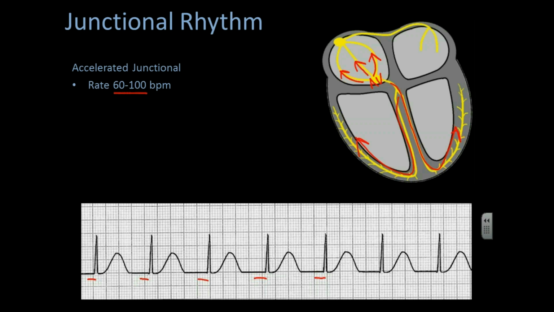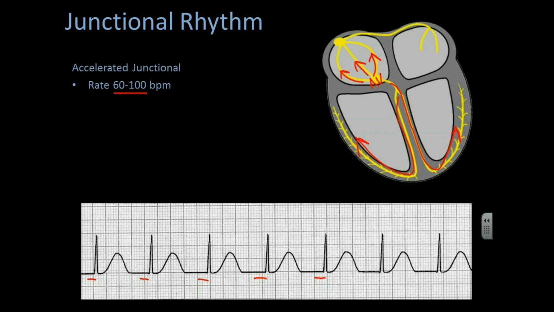Well, idioventricular rhythm is a ventricular rhythm, and it has a wide QRS. So you can tell immediately that this is not idioventricular rhythm because the QRSs are narrow, and you can tell it's not sinus rhythm because there are no P waves. So as a result, it must be junctional rhythm.